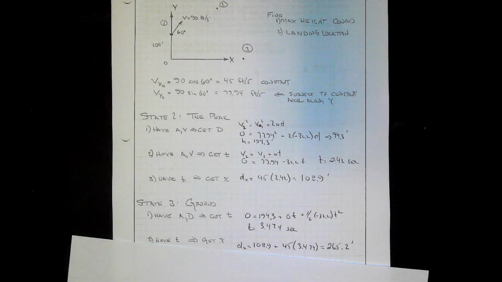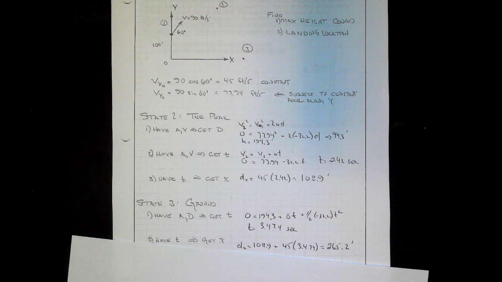Velocity will be 0, square it, still 0. So we have 77.94 squared plus 2 times, we're in feet, so minus 32.2, times the distance. Solve for D: 94.3 feet. Therefore H, the height here, is 194.3 feet because it started from 100 feet in the air. Done.